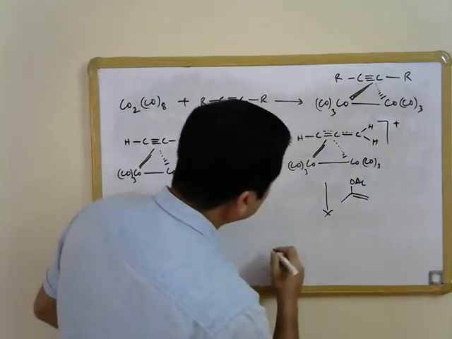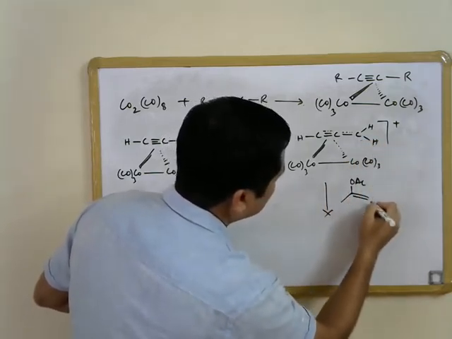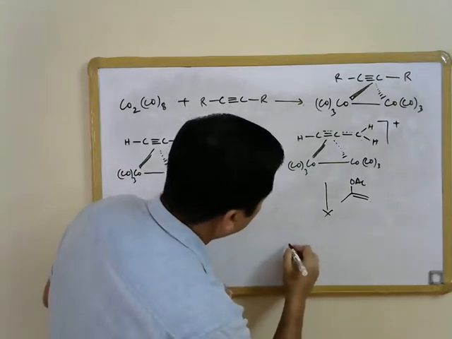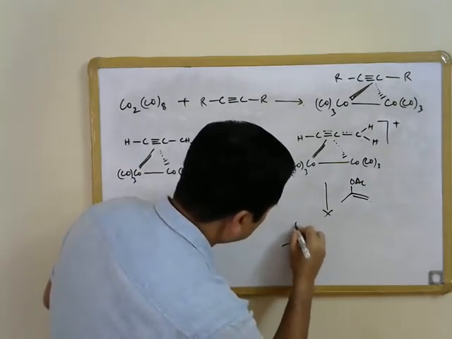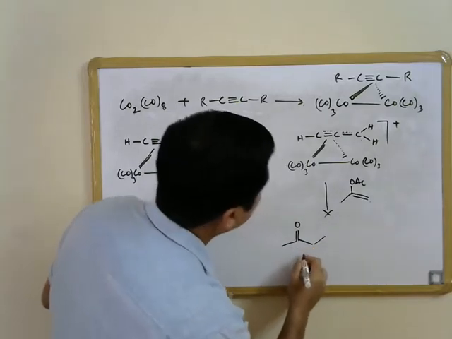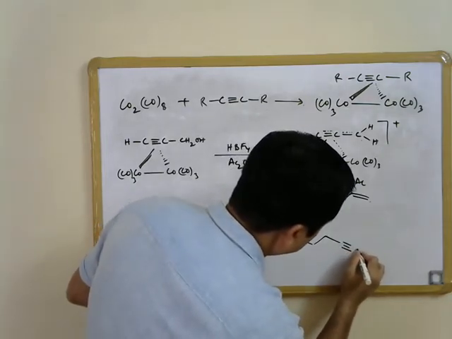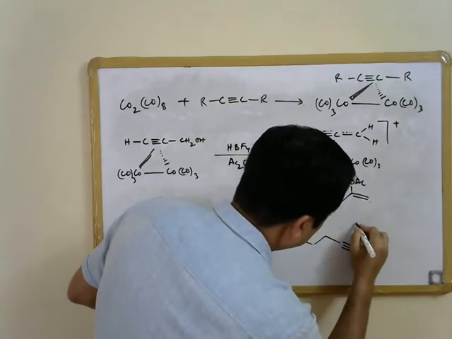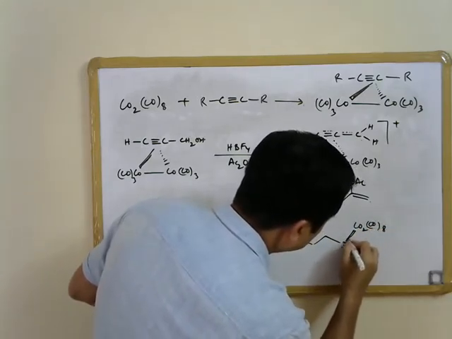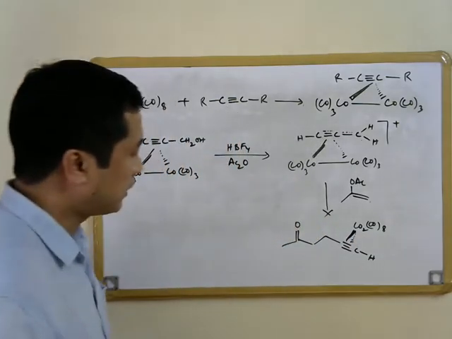So this particular carbon atom will go and attack the double bond over here, and this will lead to formation of the product, so that is, we can write both the cobalt centers at the same time over here.